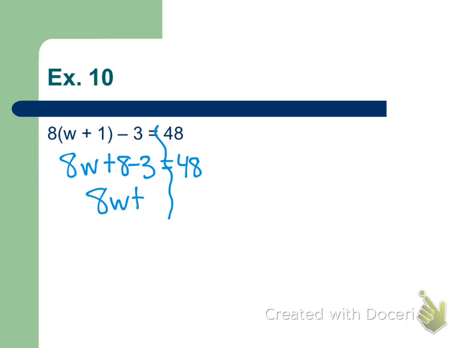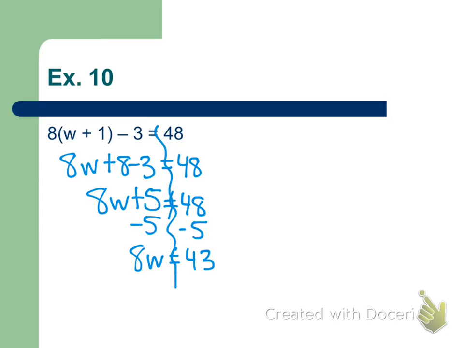So we combine like terms to get 8w plus 5 equals 48. Subtract 5 from both sides. Wonderful. And then what do we do? What do we do? Divide both sides by 8.